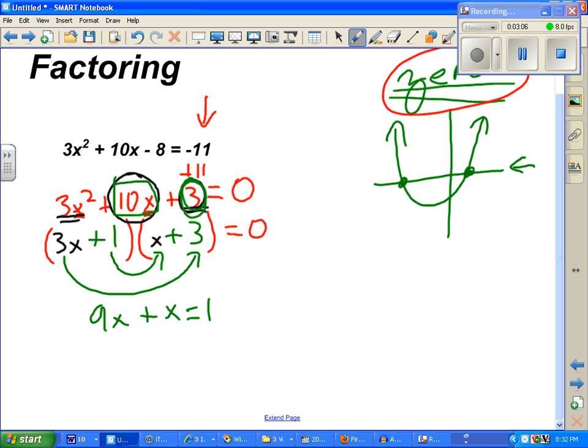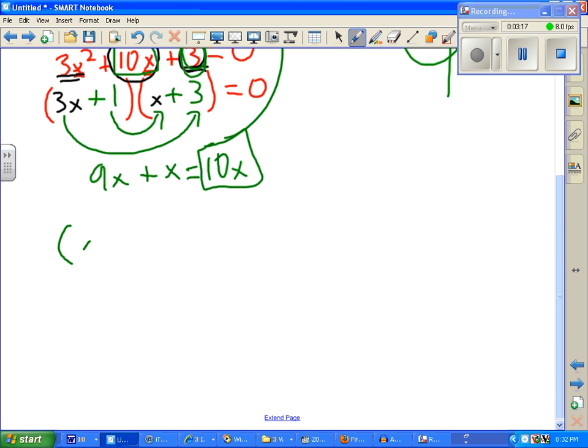So that equals 10x, which is what I need right there. So I've kind of got a mess going, so let's rewrite what I have here. I factored it down to 3x plus 1 and x plus 3 equals 0.